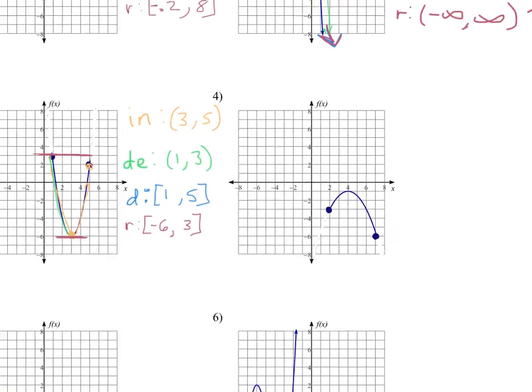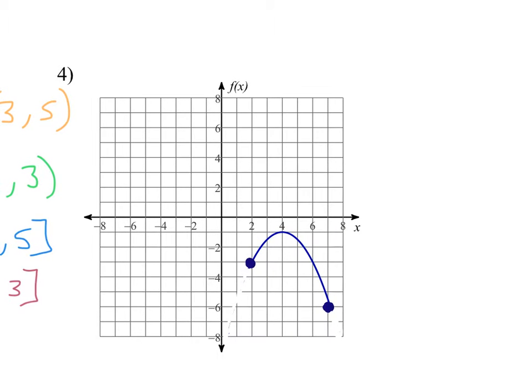All right, let's look at 4. So our graph starts off increasing from when x is 2 to when x is 4. So we're increasing from 2 to 4. And then from 4 to 7, our graph is decreasing.